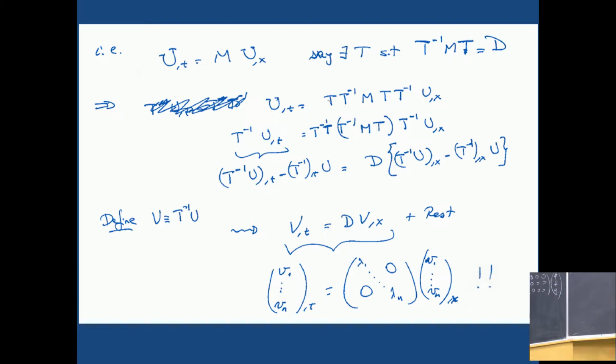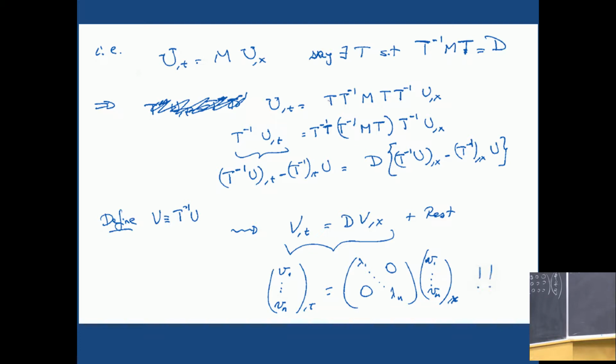So now, remember, we multiplied to the left by t to the minus 1. So this thing in here, I can rewrite by grouping. I can take t to the minus 1 times u, the whole thing, gradient with respect to t. And of course, I have to take whatever I added for that, which is t to the minus 1 comma t times u.